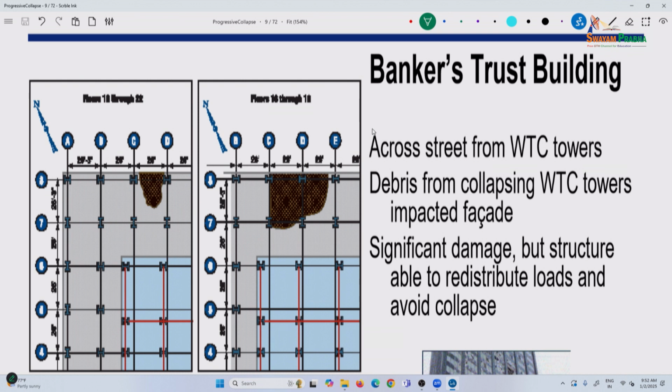Across the towers, debris from the collapsing, I mean yesterday there were some discussions on how to protect against such closed-in explosions. These are some considerations that you should have, is how does the debris affect other structures and progressive collapse to be adopted.